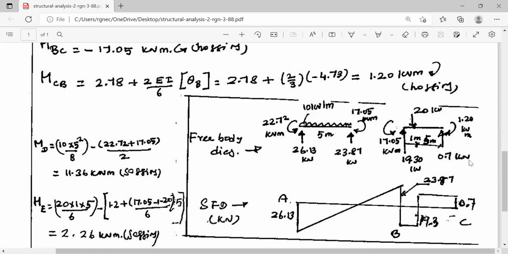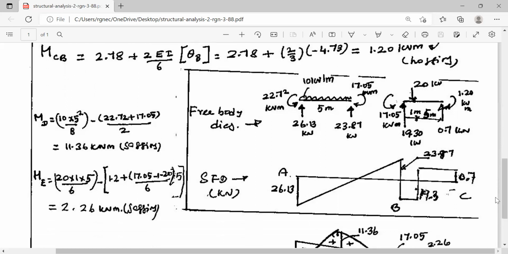Considering all these things, the only unknown, RC, can be calculated in this span BC. The total load of 20 kilonewton minus this value of RC will give you the reaction at B in the span BC, 19.3. So this is the total reaction due to the moment and this load for the span BC at B.